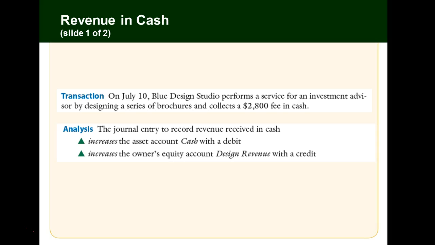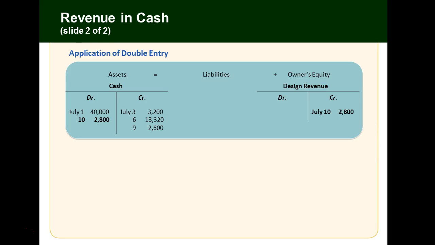Revenues have a normal credit balance. So what we're doing here is we increased our cash or debited it on July 10th for $2,800, and our owner's equity, design revenue, is increased. Remember, revenues increase our owner's equity or capital account, and expenses and withdrawals decrease our capital account, don't they?